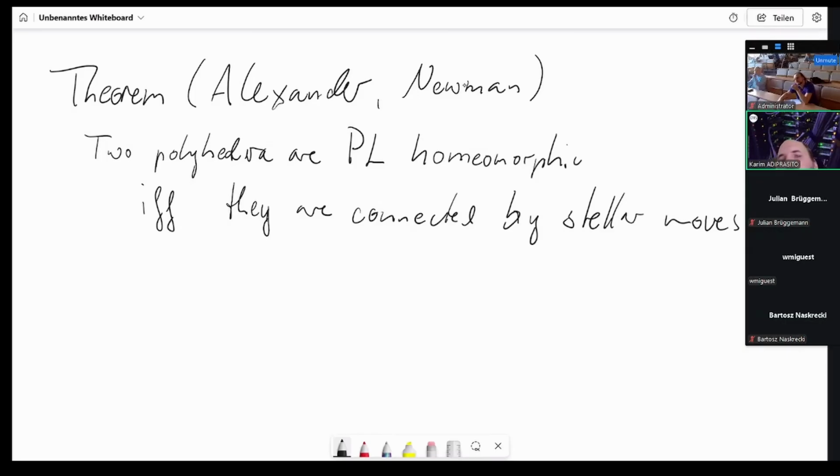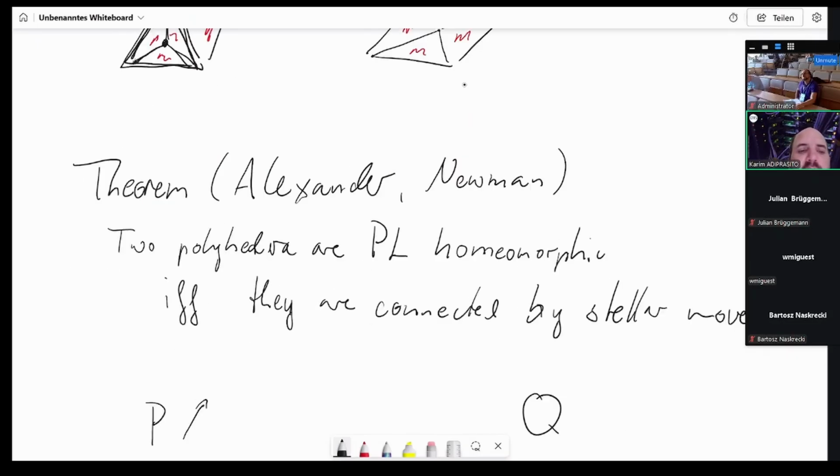Now that's the theorem, and so let me just illustrate it. So I have two spaces, two polyhedra, P and Q. These are just some triangulated, or even not triangulated, I can do this with polyhedral, locally polytopic spaces or cell complexes, whatever you like. And I know that they're PL homeomorphic, right? This means that there's a sequence of subdivisions.